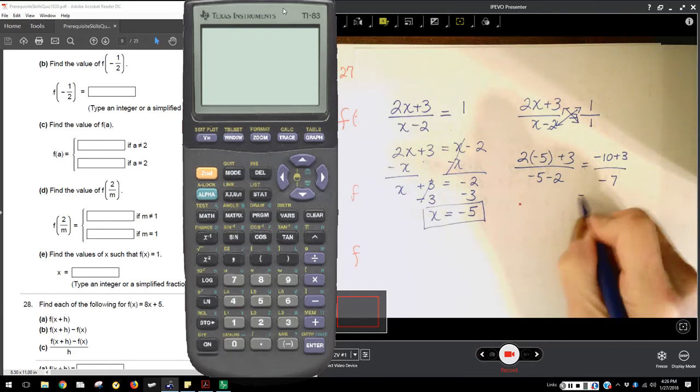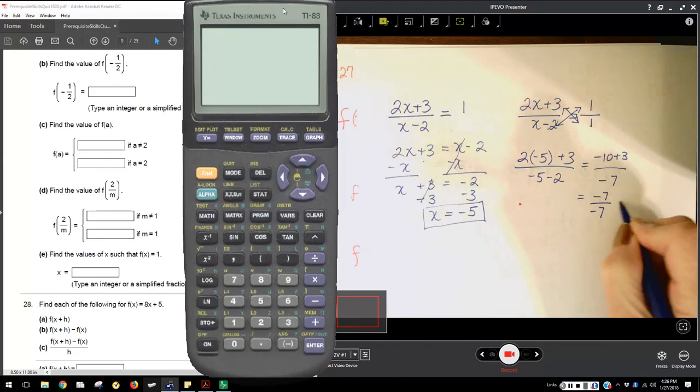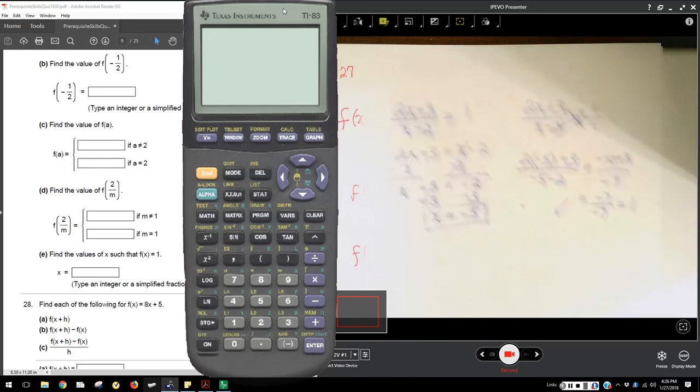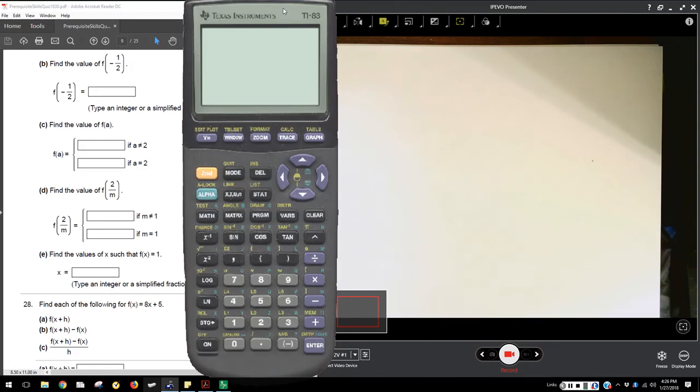And negative 10 plus 3 is in fact negative 7. And negative 7 over negative 7 is in fact equal to 1. So that does check. And there's your correct answer. Your verified correct answer. And we're ready for number 28.